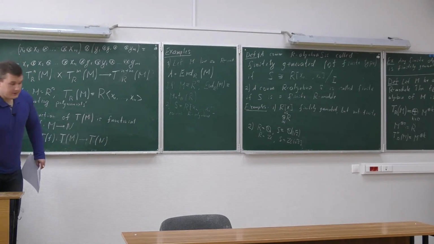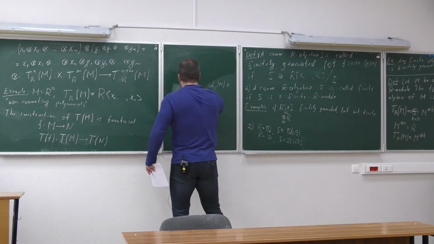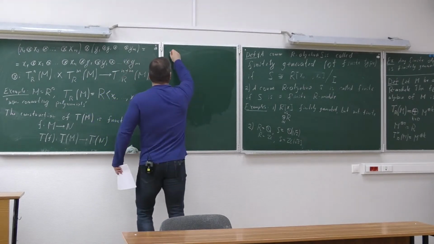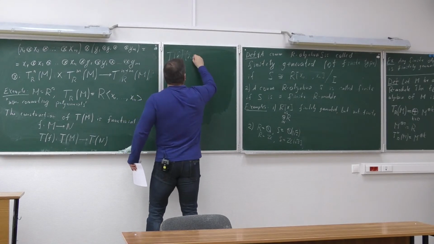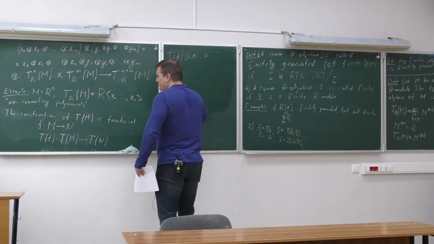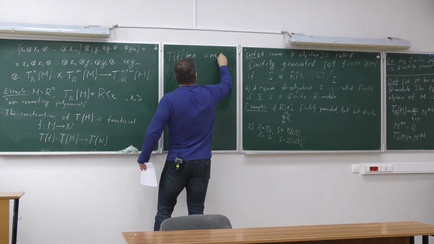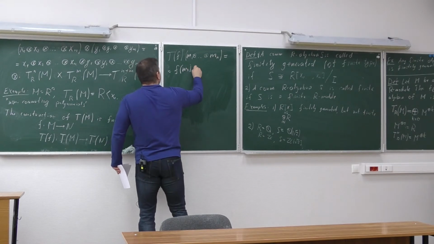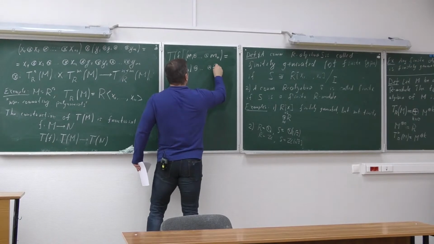You just take a simple tensor and apply F to each factor, and then extend by linearity to all tensors. So T of F, if you want to apply this on some simple tensor, maybe I use notation M. So this is M, and this is M. This is exactly the same as we define the tensor product of two maps.